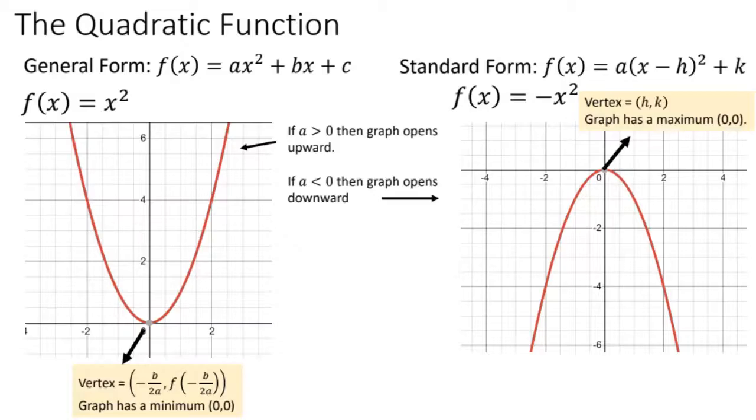Again, when our a is a positive value, we consider our vertex the minimum point. If our a is a negative value, our vertex is considered a maximum point.